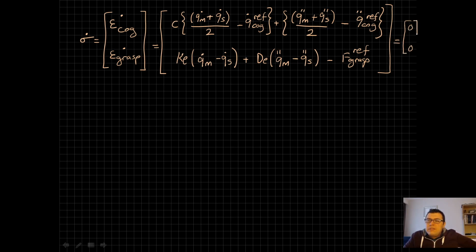Obviously, differentiating the term and equating it to 0 means that you have a steady error. So your error is fixed. And the part of the controller that enforces zero rate of change in the error will be called the equivalent controller.